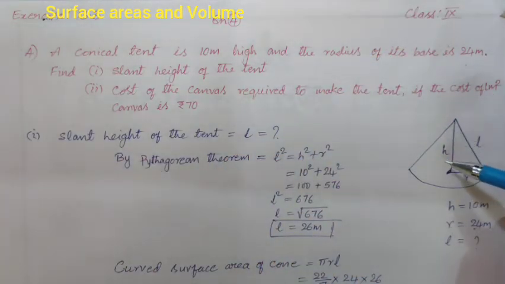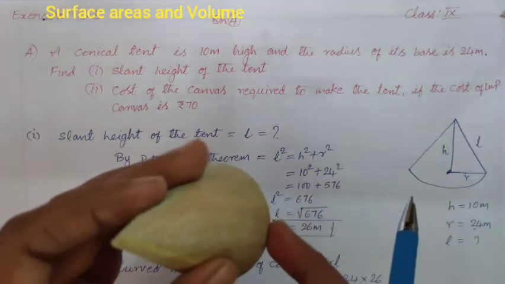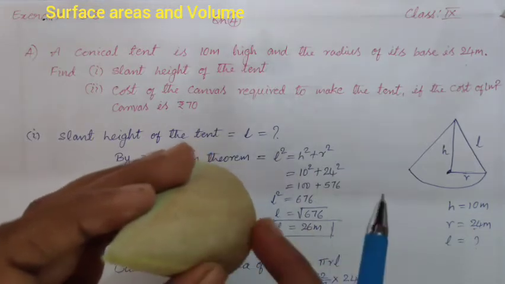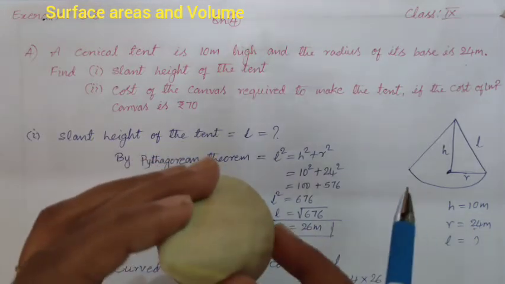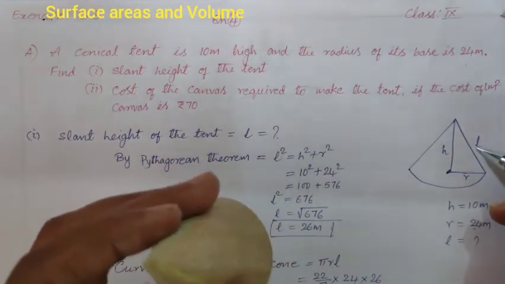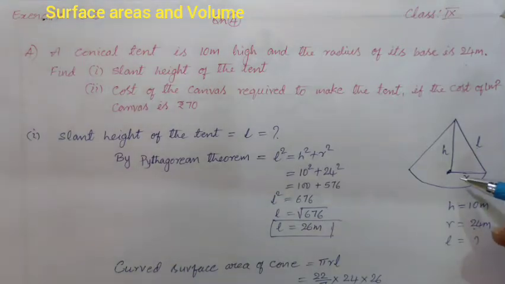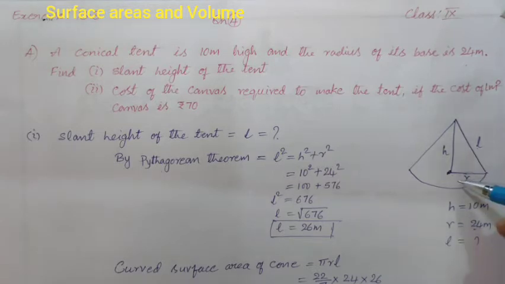The vertex to any point on the base, that is the slant height of the cone, called L. And from the center of the base to the perimeter, that length is called the radius.